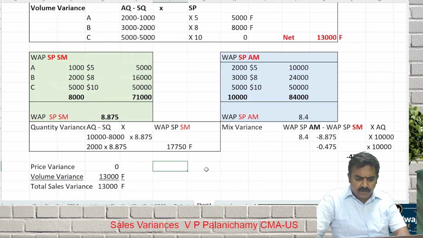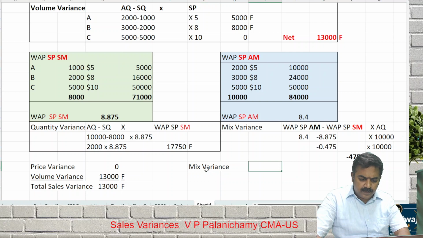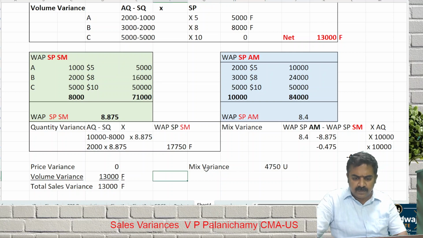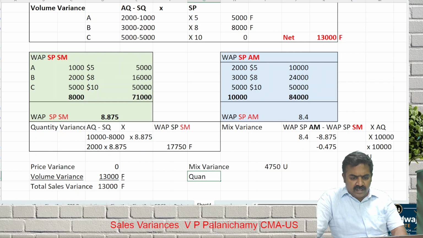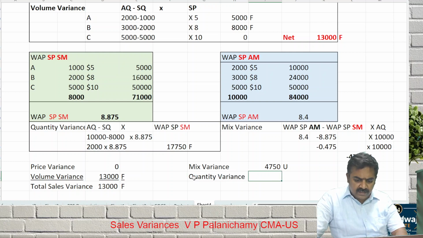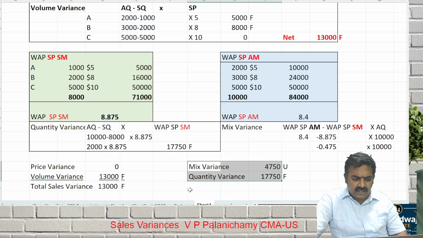Then why volume variance comes? Because of mix variance, which is negative, which means 4,750 unfavorable. Please remember, we are on the revenue side. When you get a negative answer, it is unfavorable. Quantity variance 17,750 favorable.